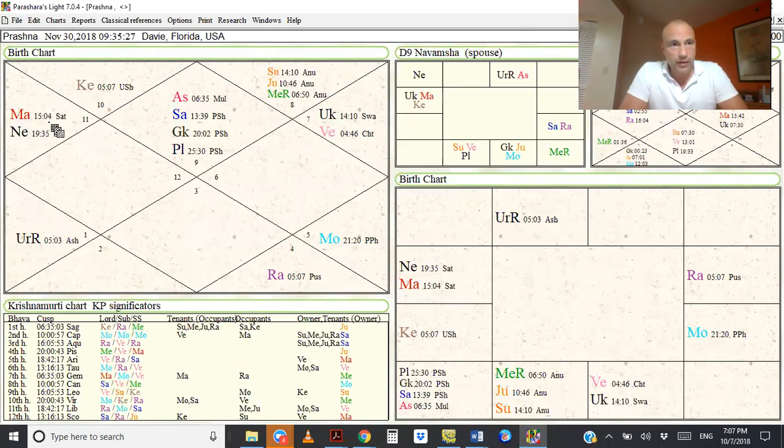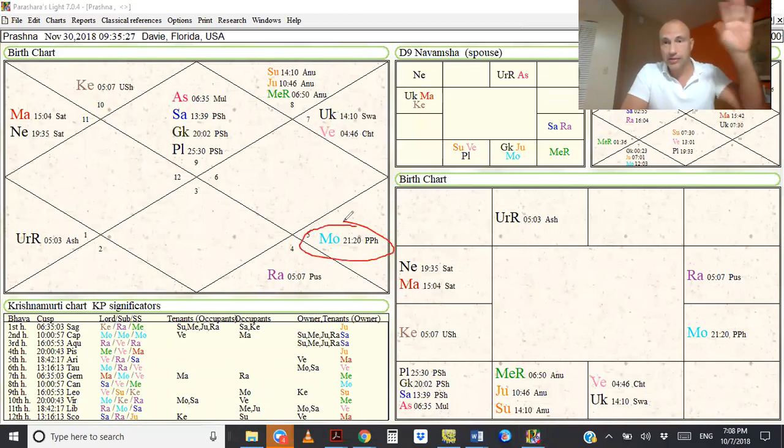So let's see which planet has the highest degree. Mars is 15, Saturn is 13, Mercury 6, Sun, Jupiter. Oh, looks like the moon has the highest degree, right? At 21 degrees. The highest degree in any sign. It doesn't matter where it sits. The highest degree within its sign. So you see the moon at 21 is higher than all of the other grahas.